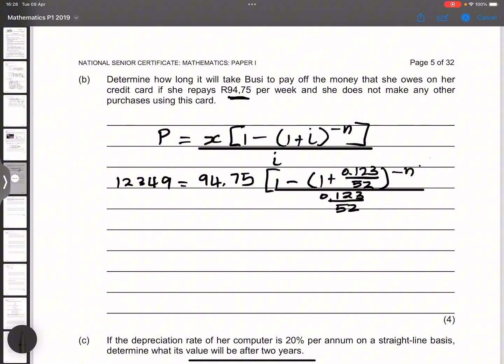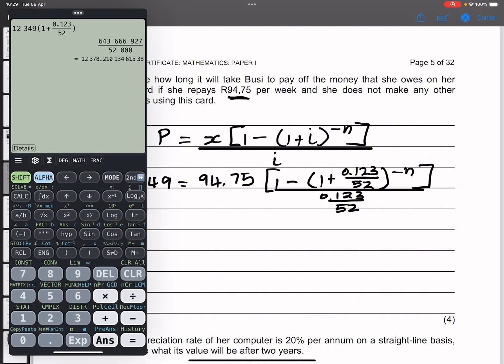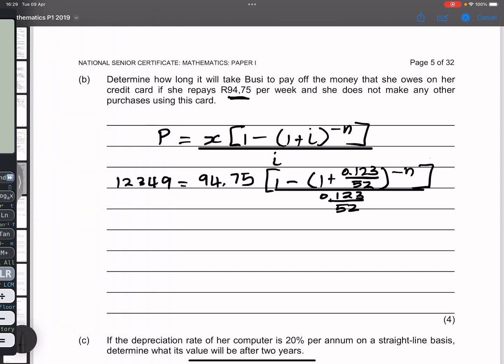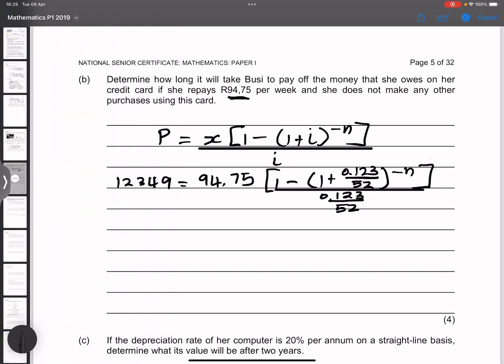Now, ladies and gents, I know a lot of you, when it comes to this section, tend to be afraid, very afraid, because of the calculation. So I am just simply going to do this in the calculator. I'm going to divide by 94.75 and multiply by that number there.